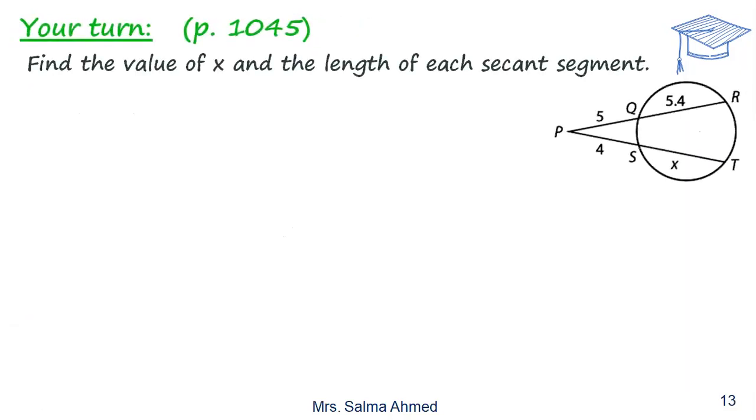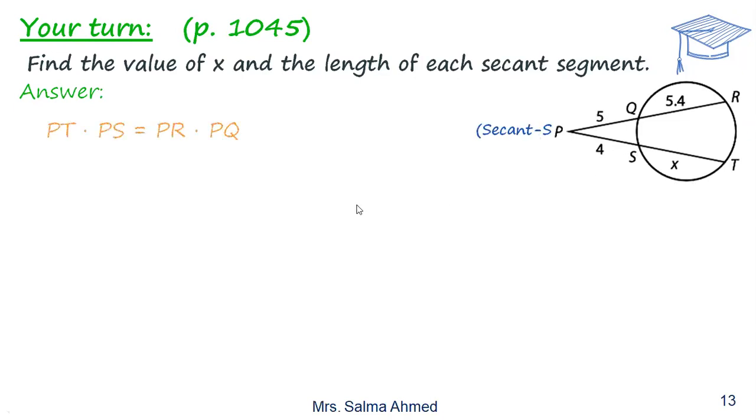Another example, find the value of x and the length of each secant segment. Here I have a secant and secant, so I'm going to apply the same theorem. So PR times the external part, PQ, is equal to PT times the external part, PS.